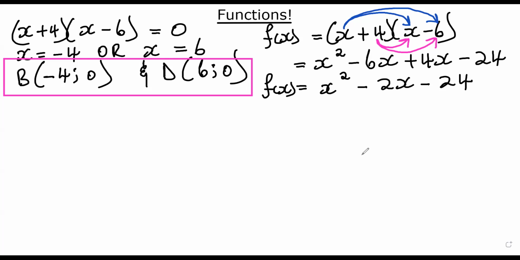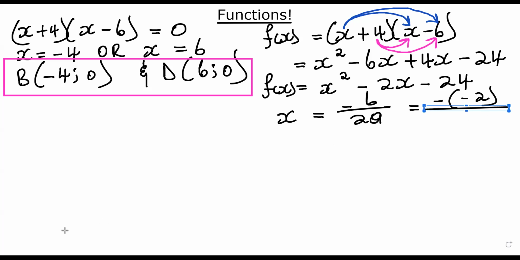So if you still want to stick to grade 11, you can say in order for you to get the x coordinate of the turning point, you're going to use this formula and say b is going to be negative 2 and your a is just going to be 1. So negative by negative is a positive, and 2 divided by 2 is just going to be 1.